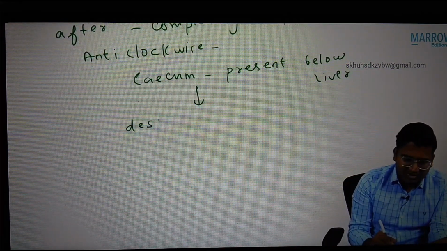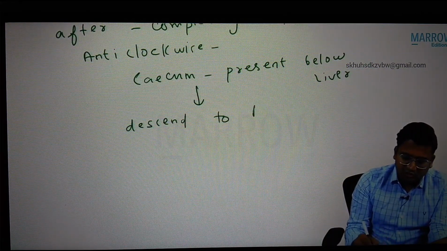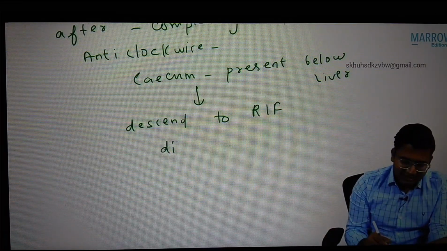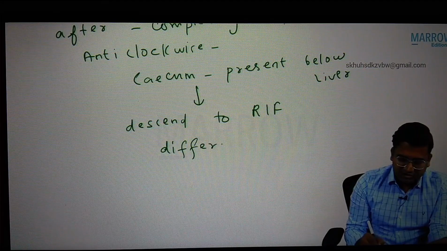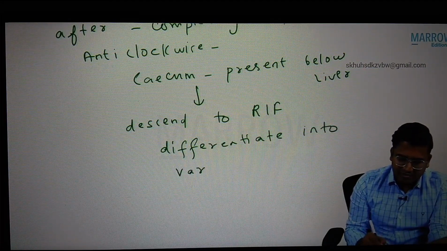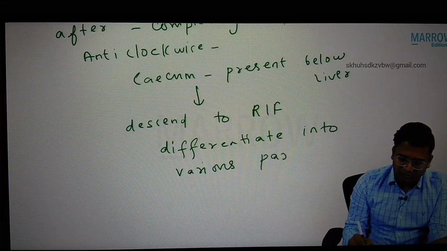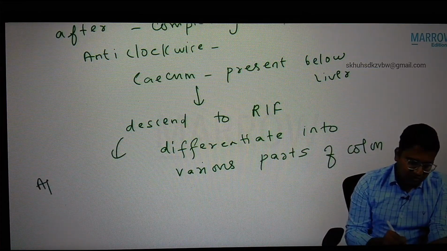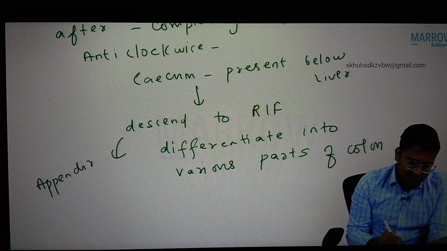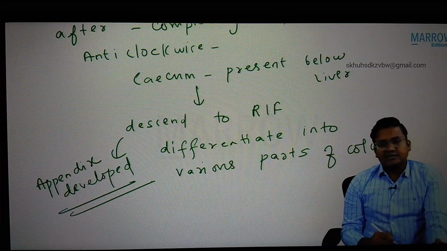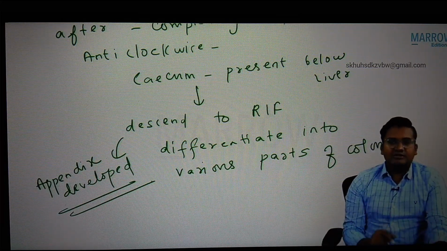The cecum will descend to the right iliac fossa. While descending, the large intestine differentiates into the various parts of colon, and also the appendix is formed and developed. Okay, right. Now this is about the rotation of the midgut. That's all about the rotation of midgut.